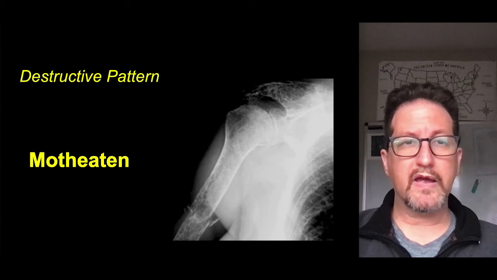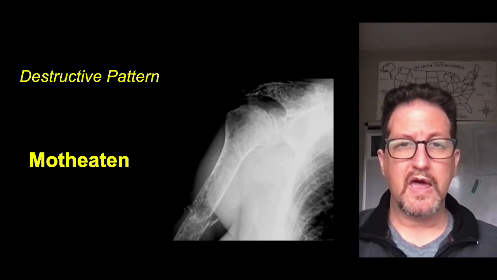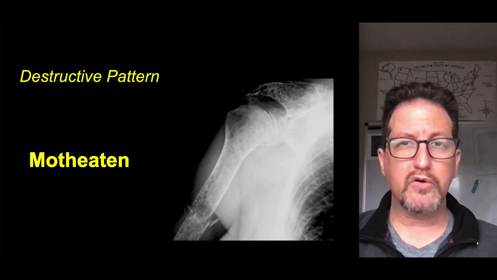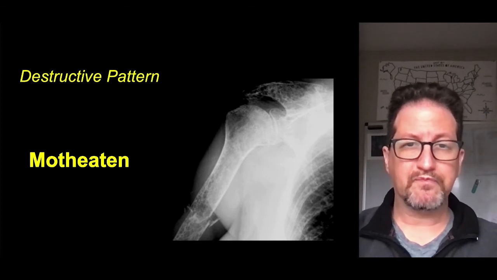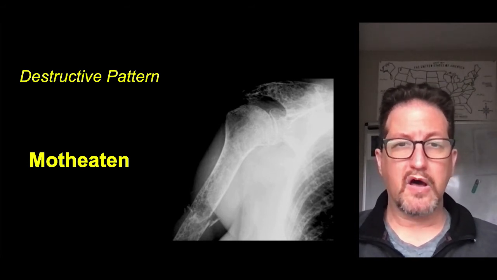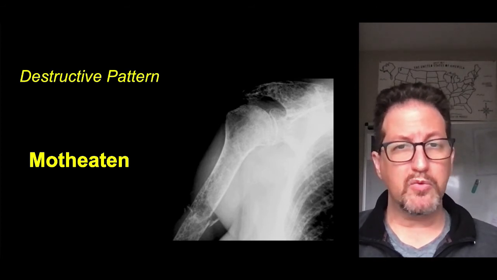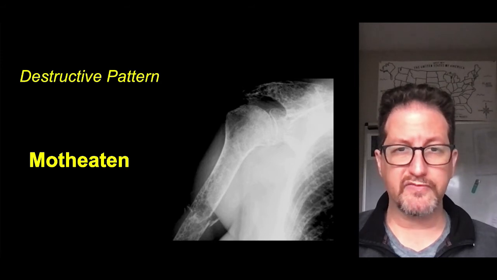Now, on the other hand, this is the destructive pattern that we call moth-eaten. And remember that moth-eaten is multiple small, relatively well demarcated lesions in an area. And you can see in this osteosarcoma that there are these multiple, pretty well circumscribed lesions that you can kind of pick out, and there are a whole bunch of them.